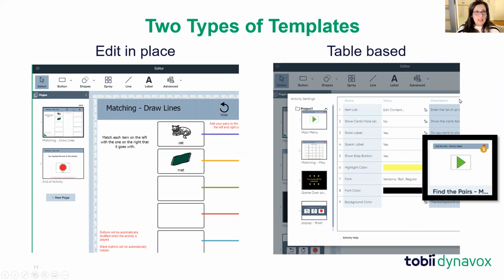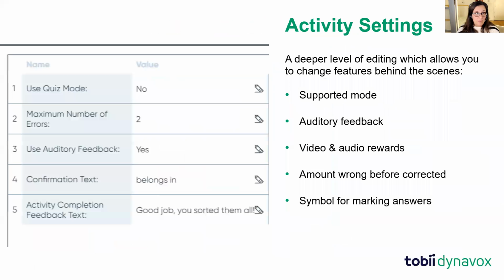And you can see them in the template picker because the thumbnail shows a little green play button, which will show you that the editing for these is a little bit different. For our end users, they're the same. They are all singing, all dancing, all accessible. It's just for us as the editors in creating them that it's a little bit different. And I'm going to take you through both of these processes in this session.